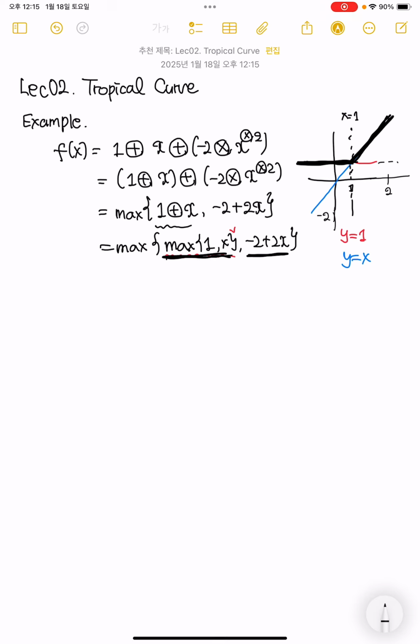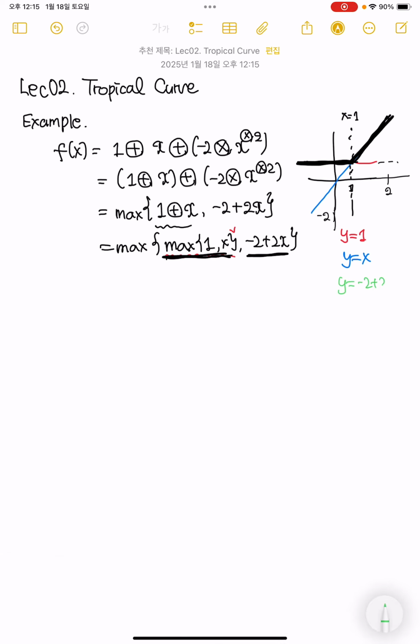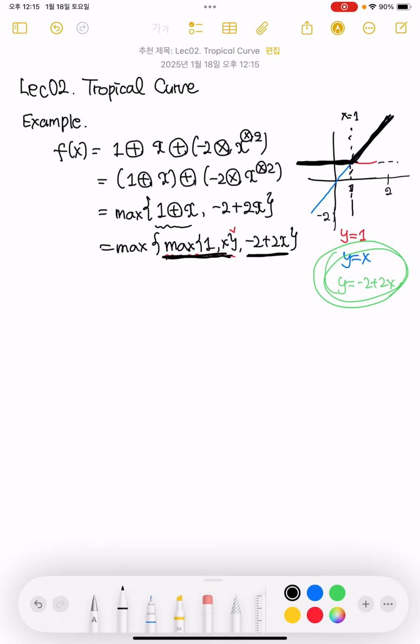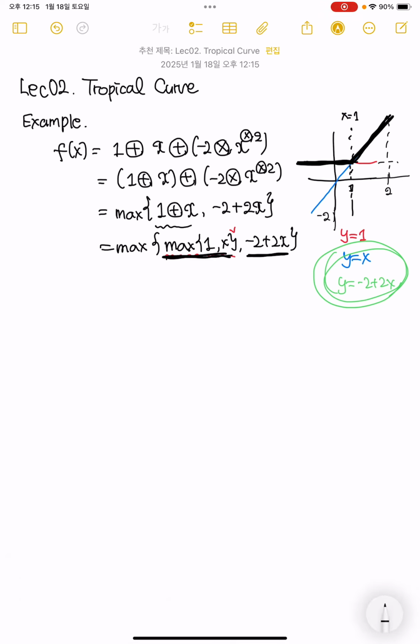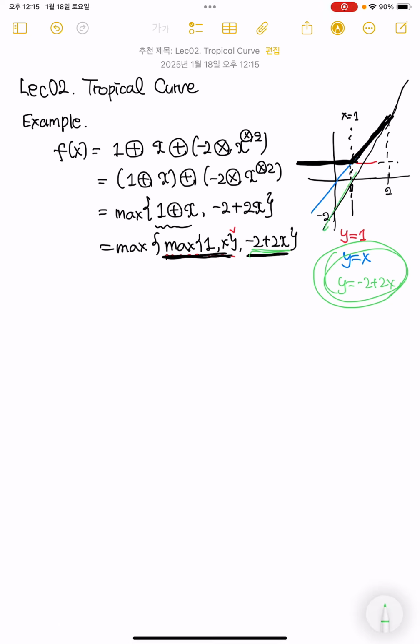When you investigate the intersection point of these two graphs, the intersection point occurs at x equal to 2. So we can think about this here. The green graph is plotted here.